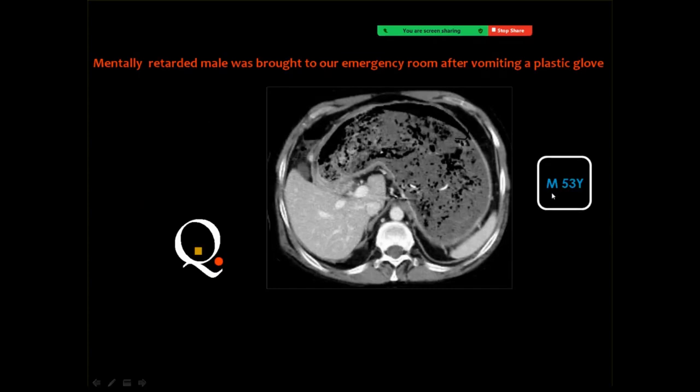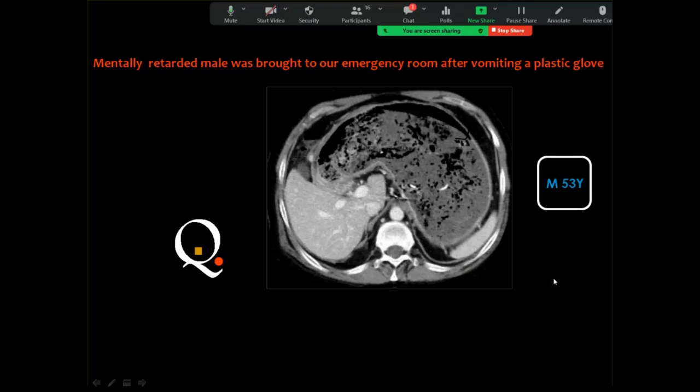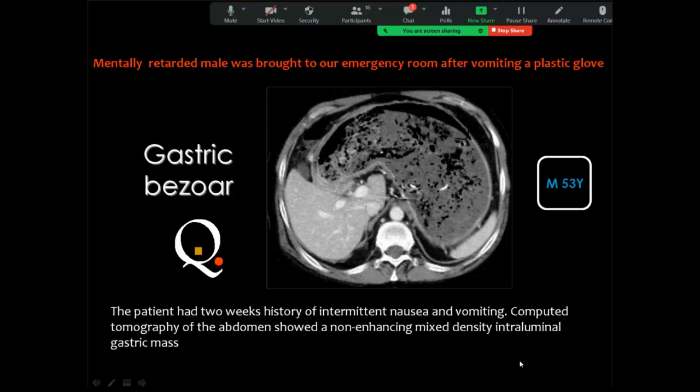This patient, 53 years old, mentally retarded, was brought to the emergency room after vomiting a plastic glove. This is gastric bezoar.